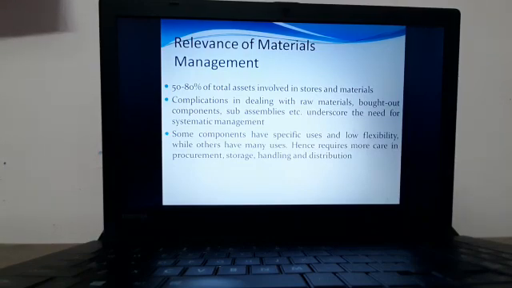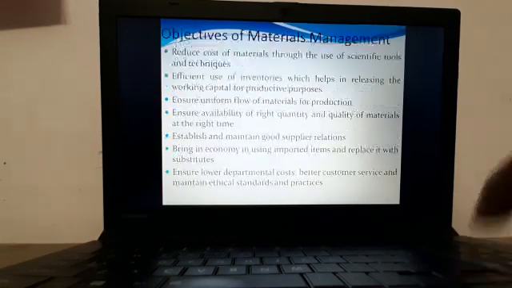So those having specific uses will obviously have a low flexibility, but those with many uses for a single commodity may have much higher flexibility. So we require more care when we consider the procurement, storage, handling and distribution of the materials.